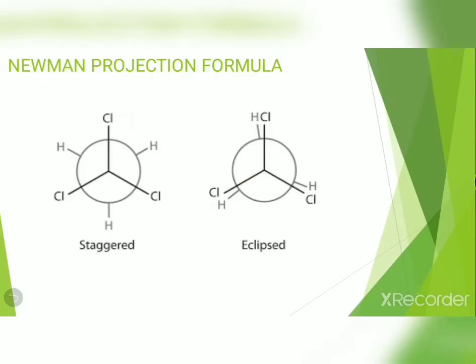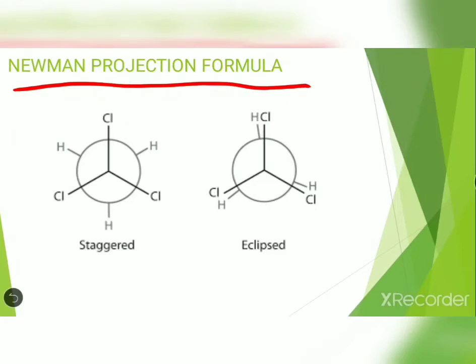So, the first projection formula we will see is the Newman projection formula. This formula can be drawn only for a molecule having two carbon atoms. The formula can be obtained by projecting the molecule such that the central carbon bond is perpendicular to the plane of paper. Thus, the molecule is viewed along the carbon-carbon bond axis.